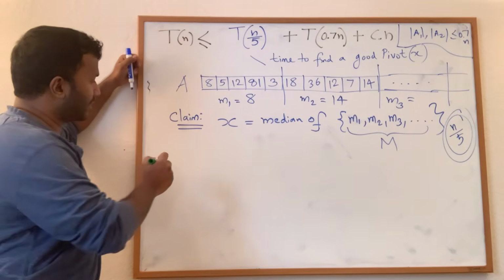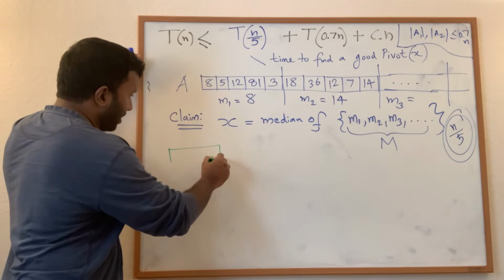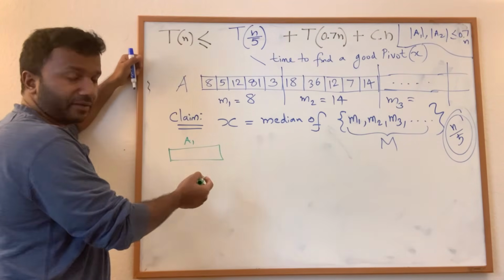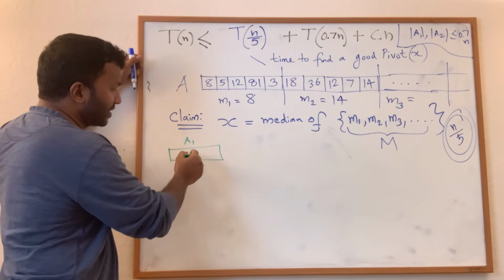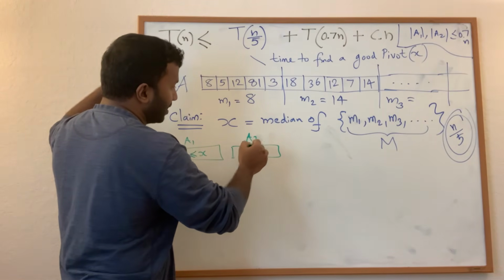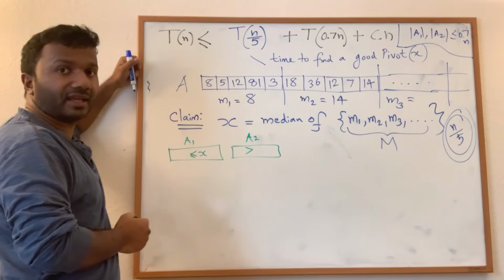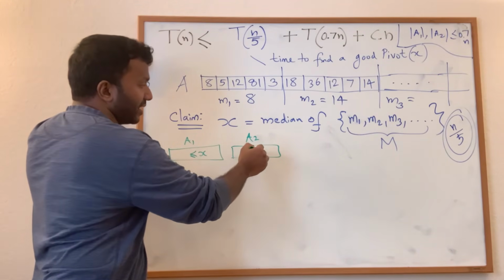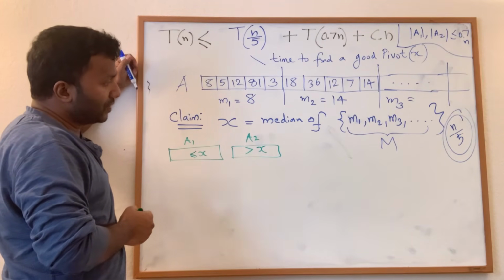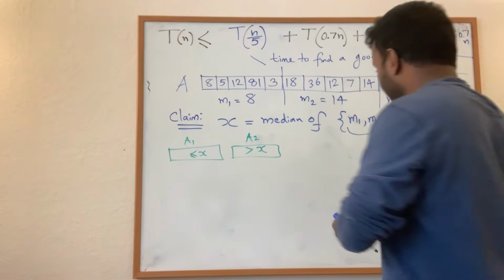So recall that A1 is the set of all numbers in A which are lesser than or equal to x, and A2 is the set of all numbers in A which are greater than x, right? So I want to say something.